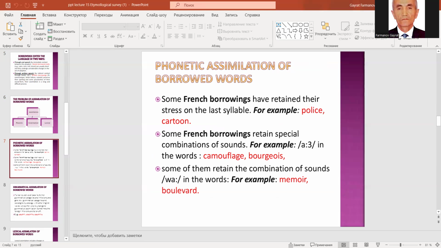Some French borrowings retain special combinations of sounds, as in the words camouflage, bourgeois. Some of them retain the combination of sounds "wa", for example in the words miroir, boulevard.